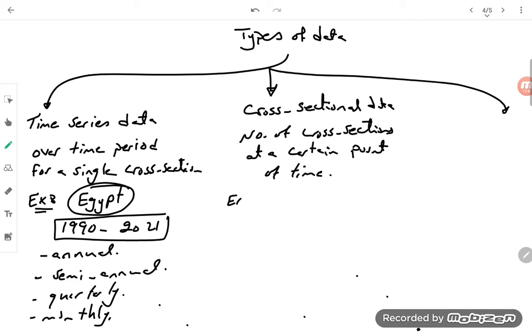For example, we are going to collect data for a number of developing countries in 2021. So this is a number of cross sections at a certain point of time, which is the year 2021. The cross-sectional data can be for different countries or different sectors or even different individuals.